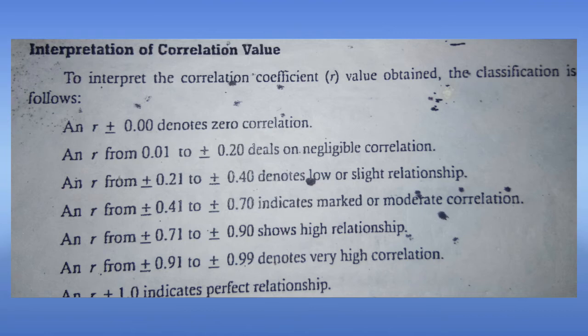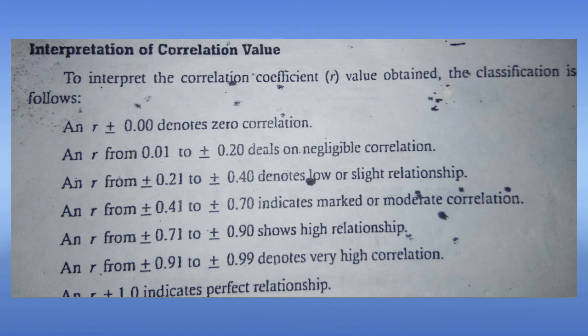And next, a correlation coefficient from plus or minus 0.91 to plus or minus 0.99 denotes a very high correlation. So it indicates a very high correlation.